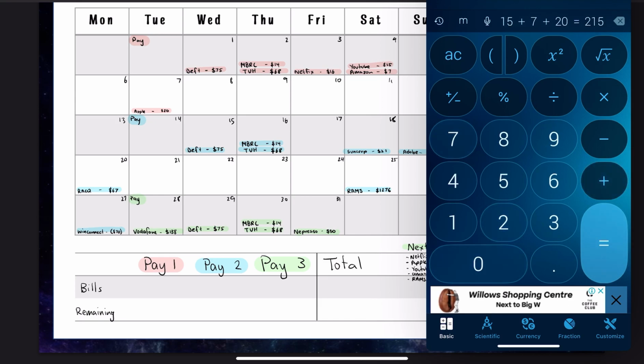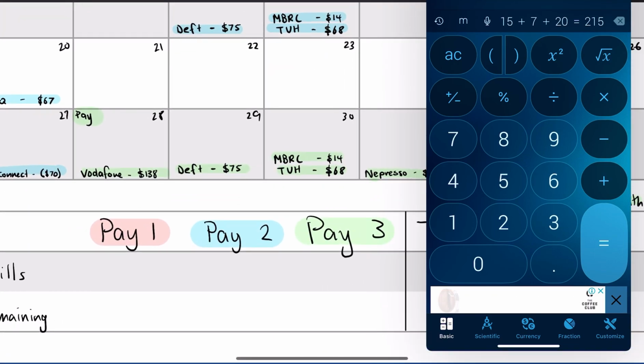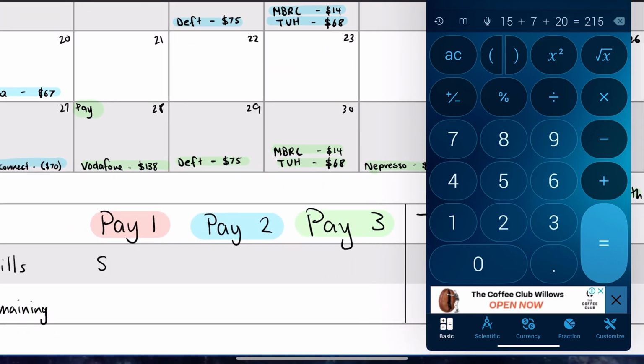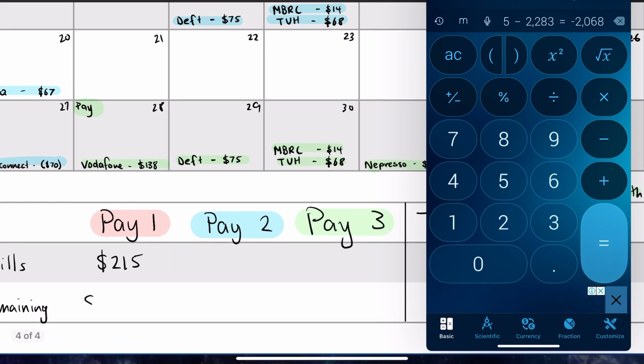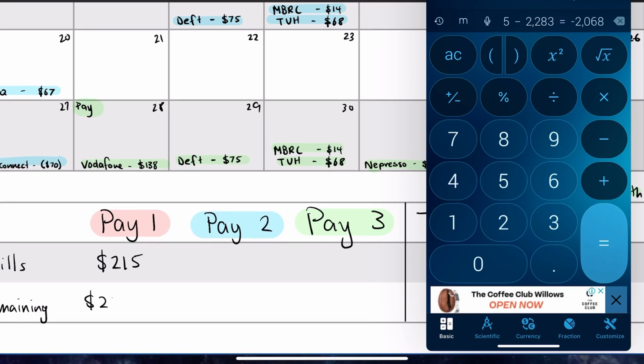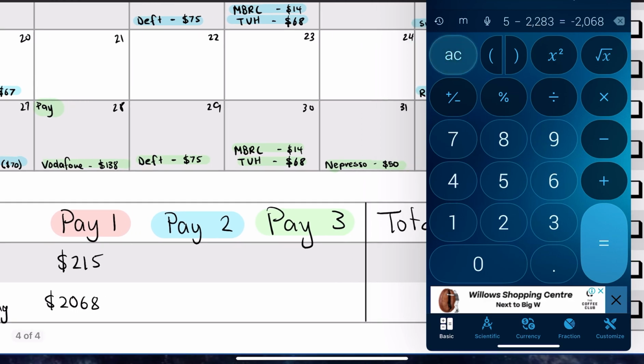So 215. So the 195 number that I got in my budget was accurate until I added that Apple Pay back in, but that's okay. All right, and we're just going to take away my approximate income. So we're going to be left with $2,068, the majority of which is going to be going towards savings.